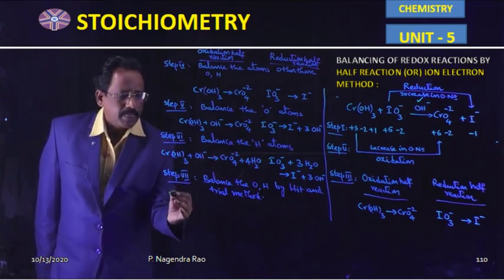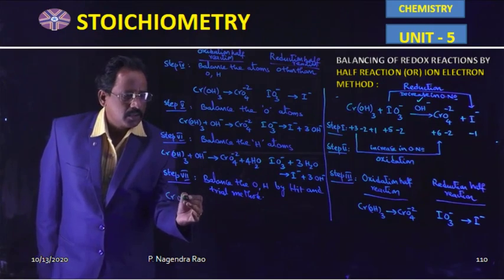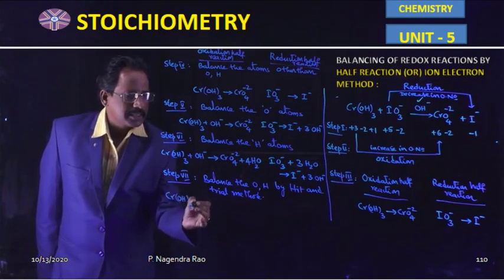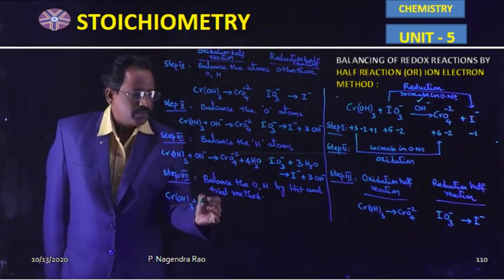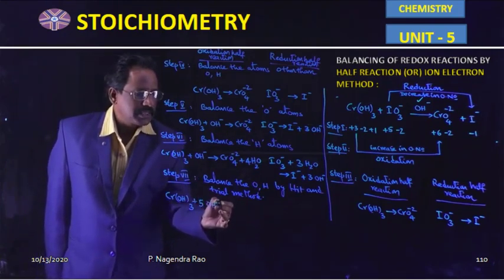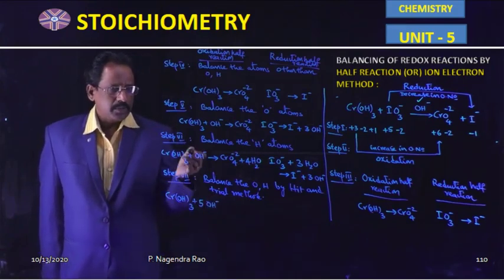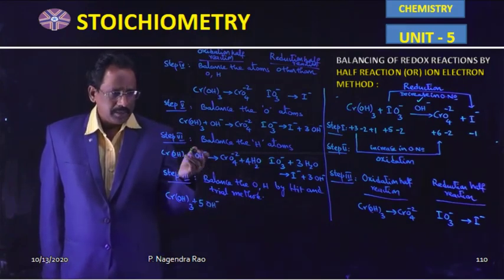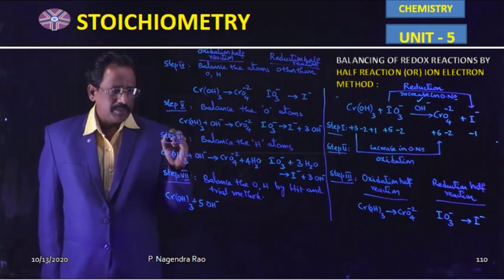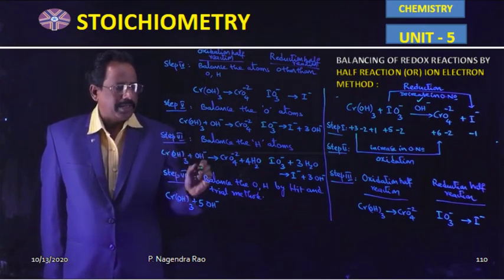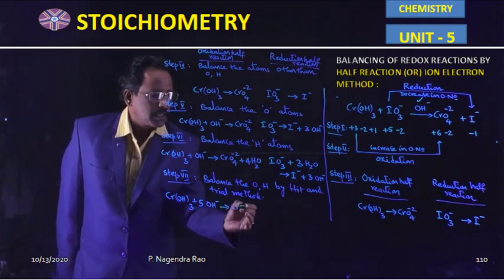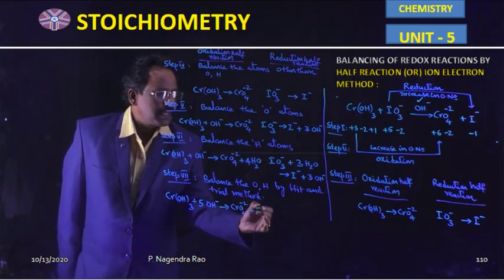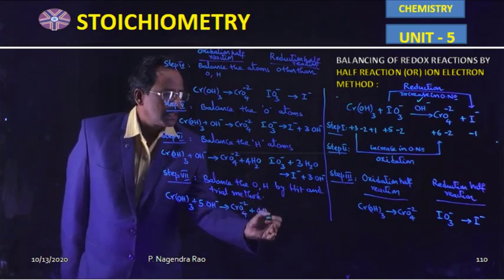See here, Cr(OH)3 plus 5 into OH⁻. So here the suitable multiplication number for OH⁻ ions is equal to 5, which gives rise to CrO4²⁻ plus 4H2O.